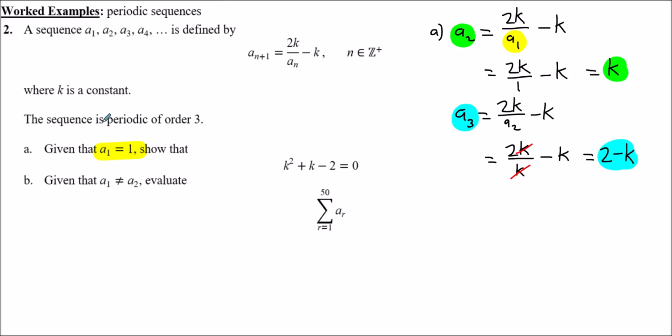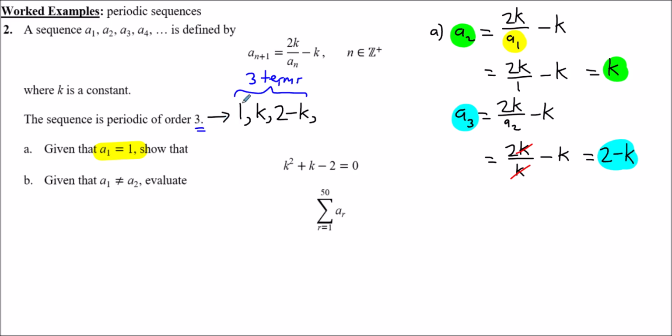Well, we can use this idea that the sequence is periodic of order 3. So based off that, the first term, A1, we're told is 1. A2 is K. A3 is 2 minus K. If you notice, very obviously, this is 3 terms, which is the same as the period.